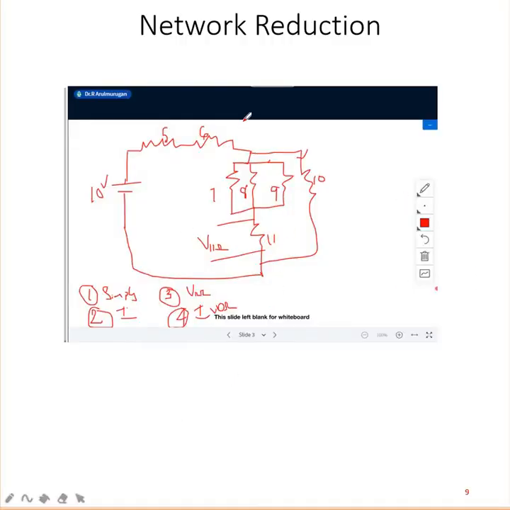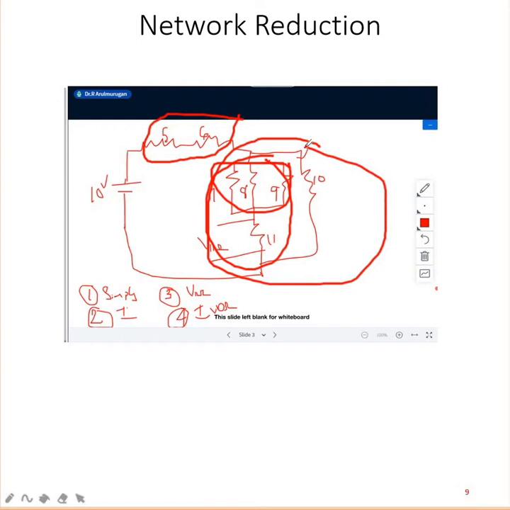In the network reduction technique, these two resistances are connected in series, so make them a single one. These three are connected in parallel, so make them a single one. After that, these two are in series, make them a single one. Then these two are in parallel, make them a single one. Then these two are in series. Do it step by step.